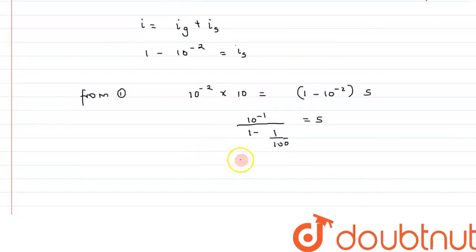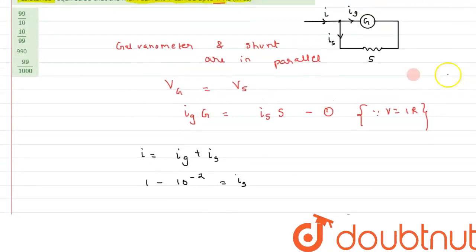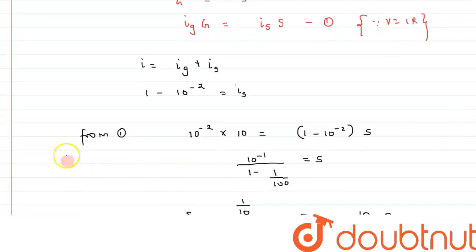On solving further, 1 by 10 raised to 1 can be written as 1 by 10, and in the denominator it becomes 99 by 100. On solving this, the answer comes out to be 10 by 99 ohms. This is the value of the shunt we are getting, and this matches option B. I hope you have understood the concept and how to solve it, and thank you for watching.